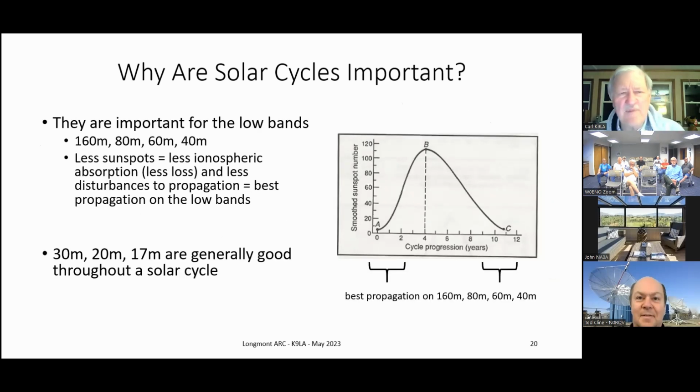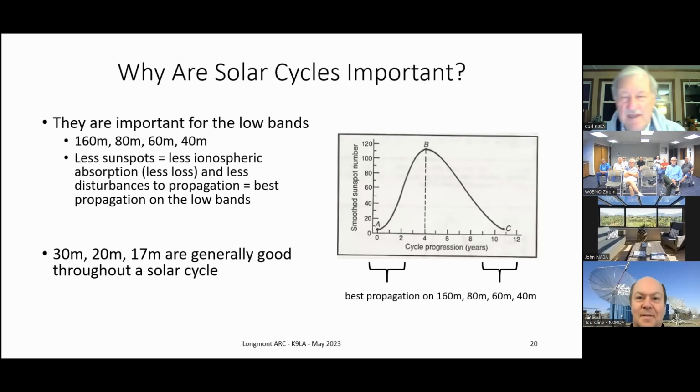Important for the low bands, 160, 80, 60, 40. When we have less sunspots, we have less ionospheric absorption, less loss from the D region, and less disturbances to propagation. That's the best for the propagation on the low bands.